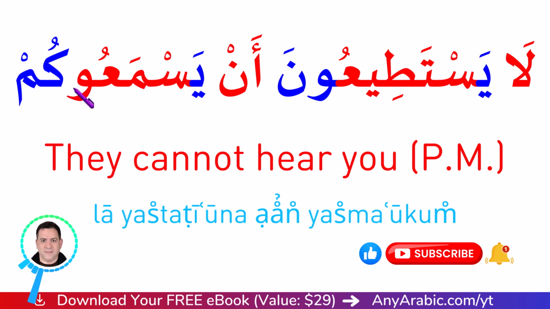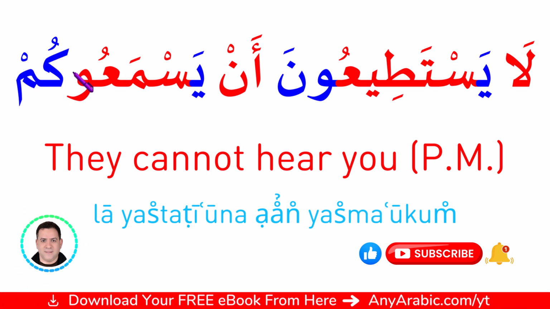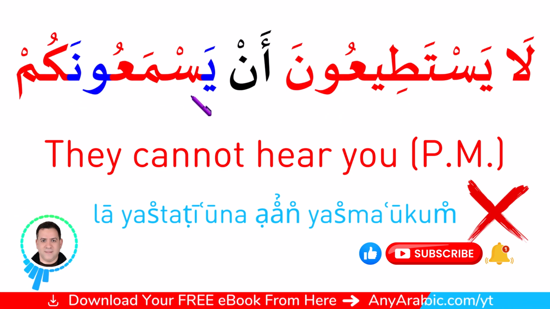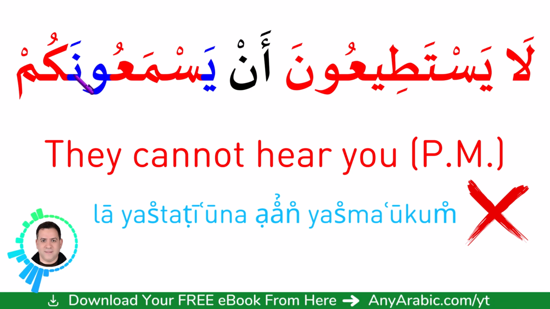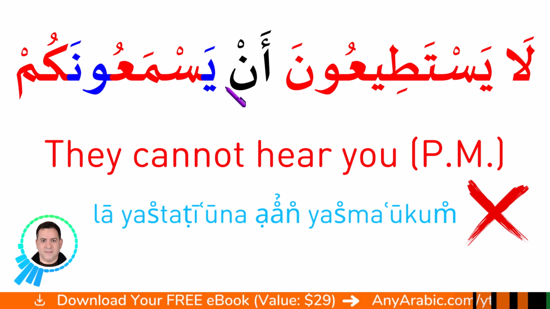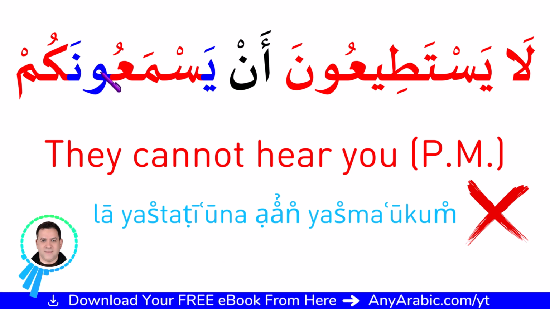That's why you will notice here that the verb has no noon, because in normal cases or in the indicative mood الفعل المضارع المرفوع you will find that this verb is يسمعون. So there is a noon actually there. So the original form with the plural pronoun هم is يسمعونكم.